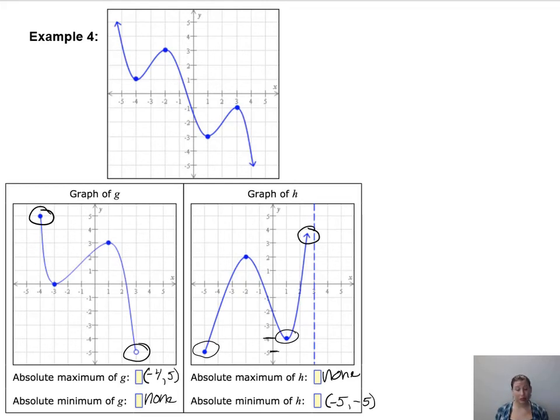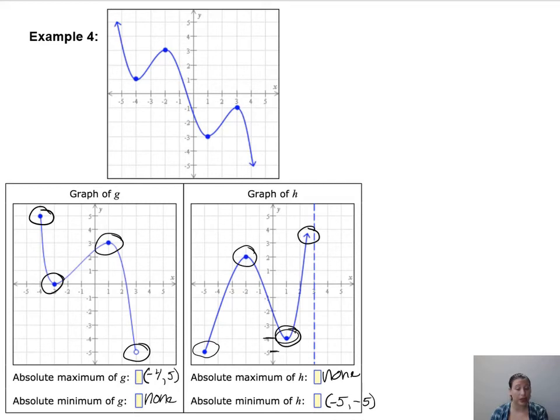Okay, so let's talk about these points a little bit more, right? These graphs, graph G and H, had local maximums and minimums, right? So a local min here and a local max here. This point right here on graph H is a local max, and then this point here is a local min. So we can have lots of different things within one graph, okay? And then technically we also had some endpoint maximums and minimums, right?